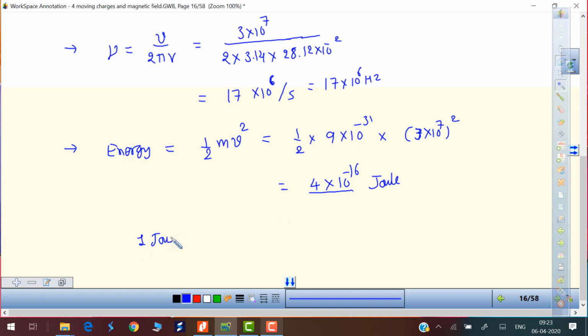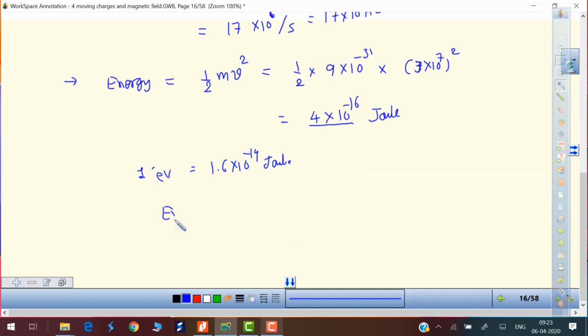So 1 electron volt is equal to 1.6 into 10 raised to minus 19 joule. So this is our relation. So we can find energy in electron volt.